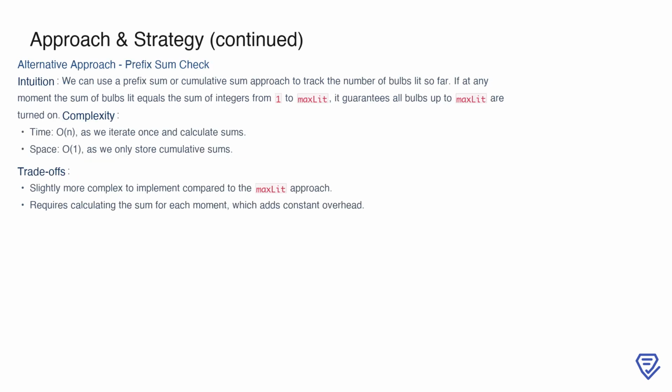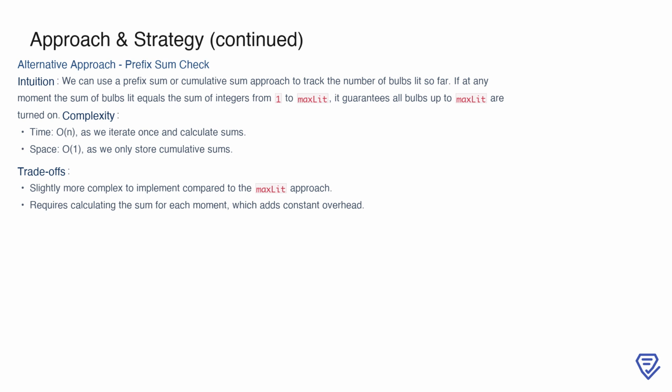An alternative approach to solving this problem is based on prefix sums. Here, the intuition is to track the cumulative sum of the bulbs lit so far. At any moment, if the sum of the bulbs lit equals the sum of integers from 1 to maxlit, it guarantees that all bulbs up to maxlit are turned on. This method involves calculating the sum of the first maxlit numbers using the formula for the sum of an arithmetic series.